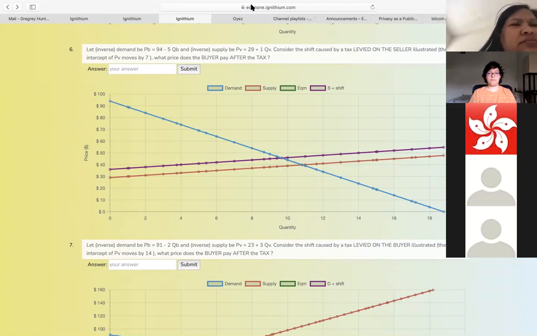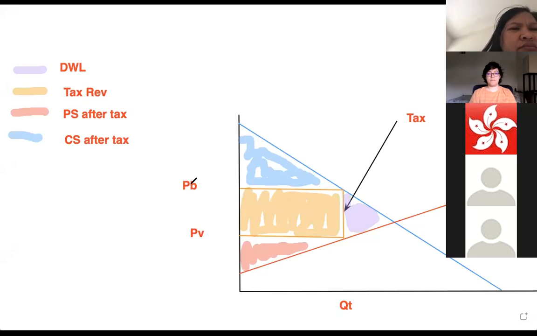But if we go back to our illustration, then we can see pretty clearly that the seller's after-tax price, PS, is equal to PB minus the amount of the tax, right?